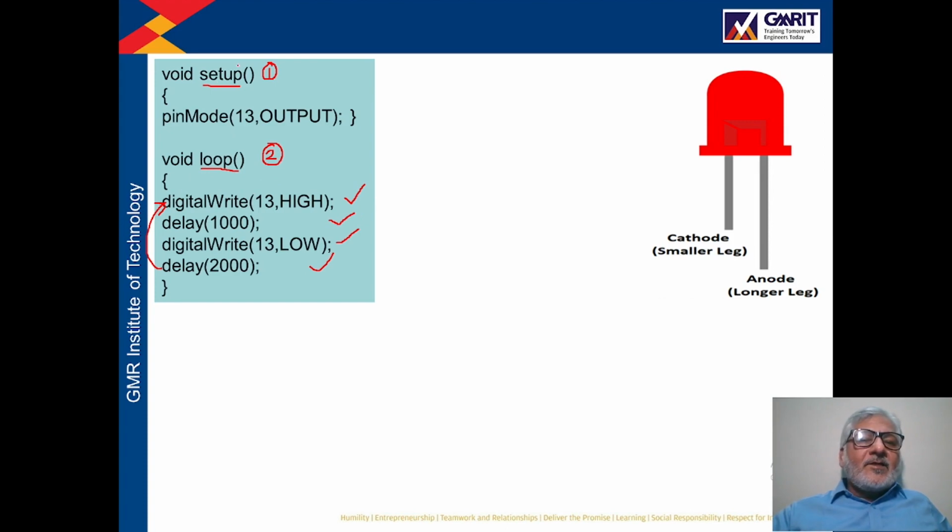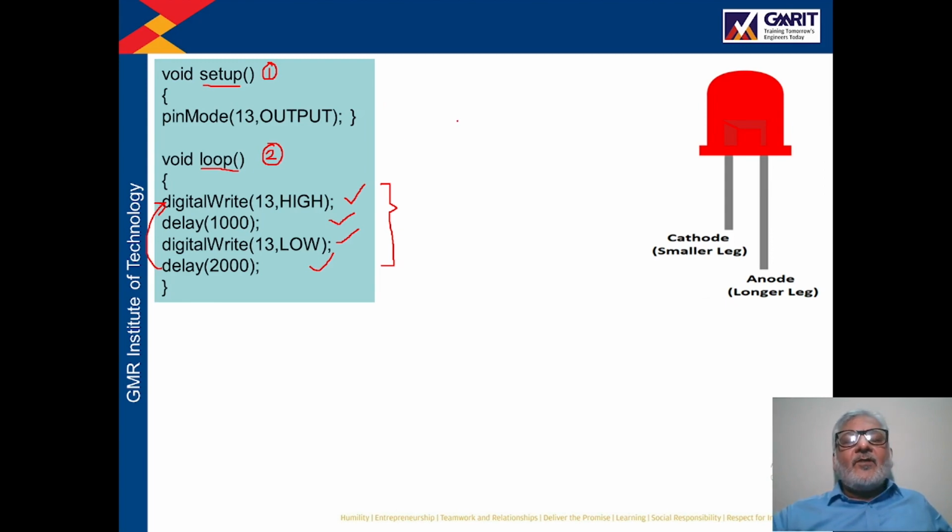Whereas the setup runs only once. So the main logic of our program we should write inside loop, whereas for the pins which we want to initialize, we should write the statements inside the setup part, right?